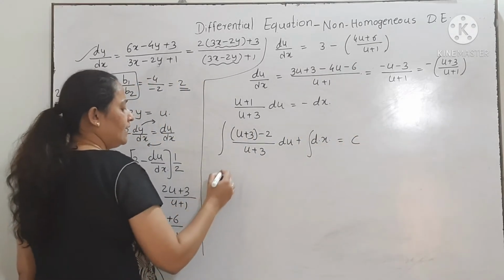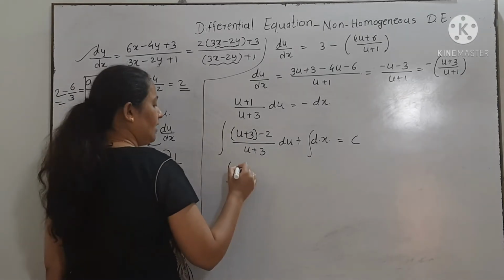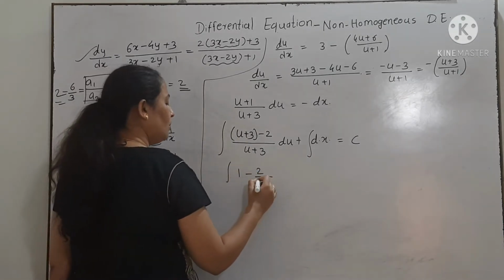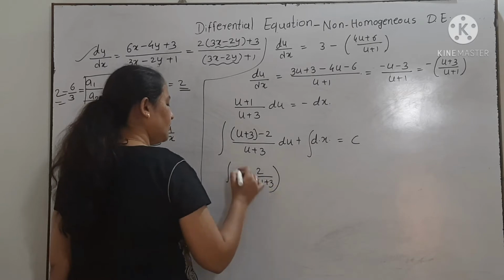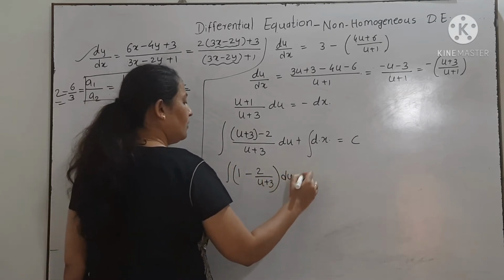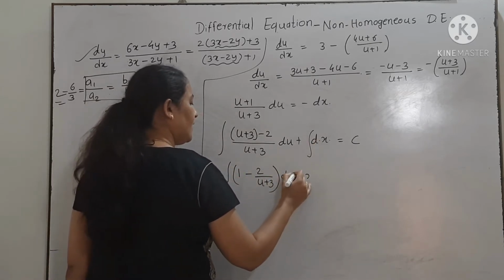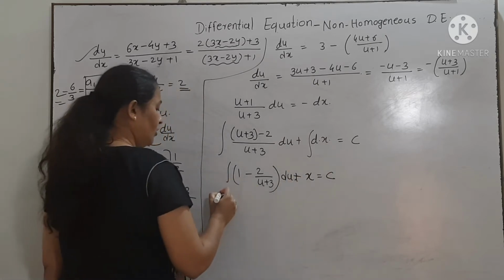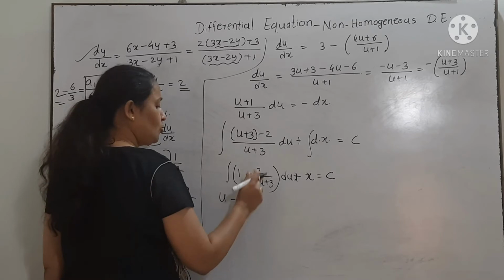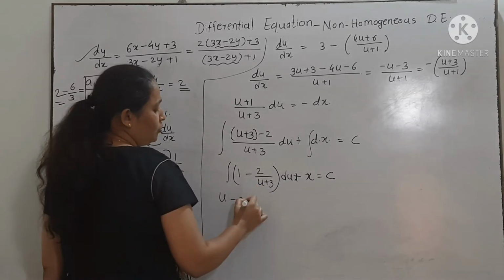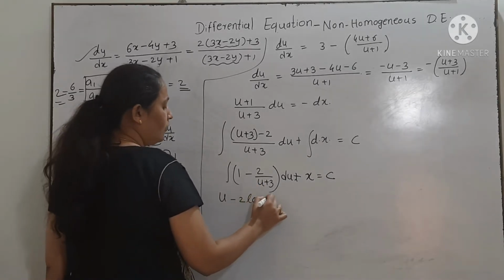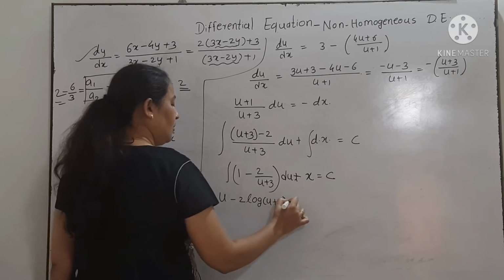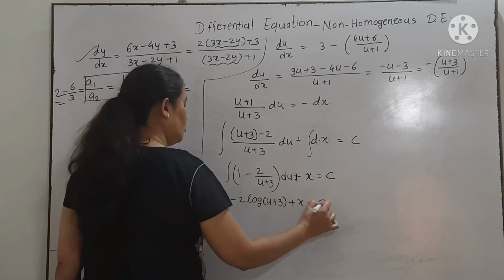U plus 3 will get cancelled. You will get integral of (1 minus 2 upon u plus 3) du equal to integral of dx is x equal to c. Integral of 1 is u minus 2. Integral of 1 upon u plus 3 is log of u plus 3 plus x equal to c.